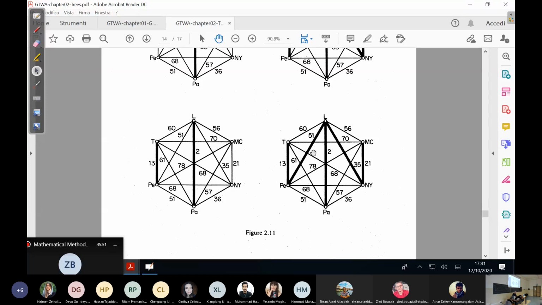Why? Because both have the smallest weight of the remaining edges, and the addition of either does not close a cycle. And so what we get is finally a spanning tree. Also Dijkstra's algorithm yields a spanning tree, but in a different way. Here we get a spanning tree, and surely we have the least possible total weight. Okay?